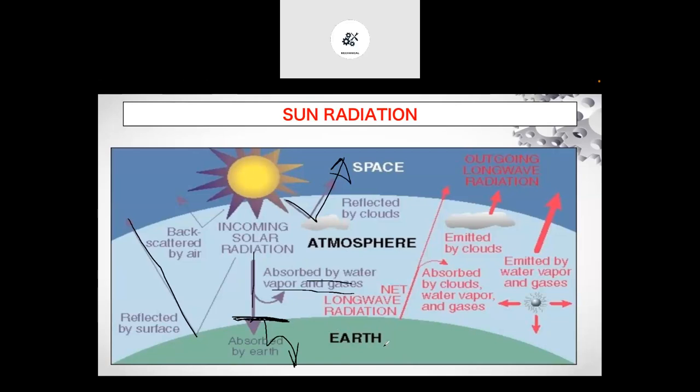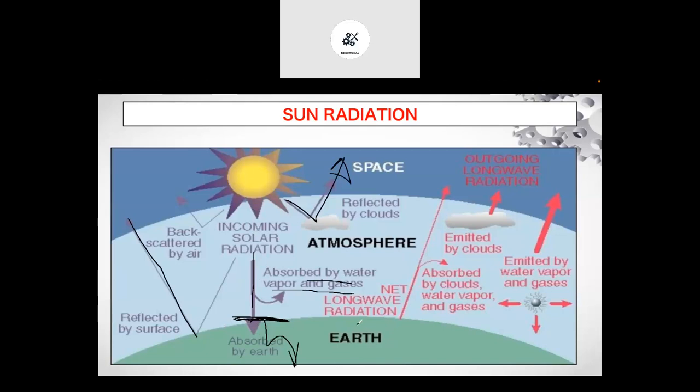Because of the heating of the earth's surface, the earth also has some characteristics and will emit some form of radiation. Whatever radiation comes from the sun is very short wave radiation, having a very small wavelength.